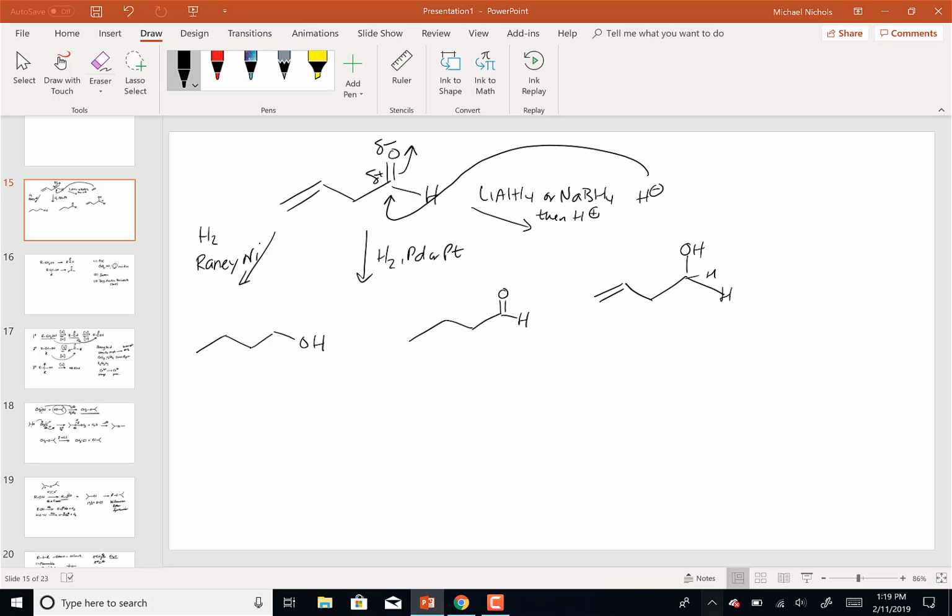So these combinations of reagents give us 3 different methods for reducing at least molecules with carbonyls and with double bonds in place. So that was the whole point of that series of reactions. Okay. Is everybody okay with that?